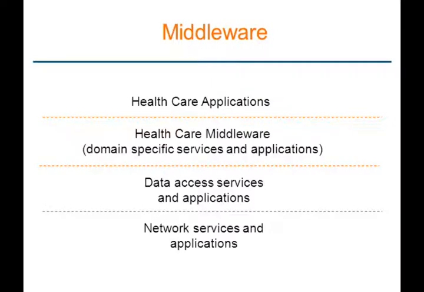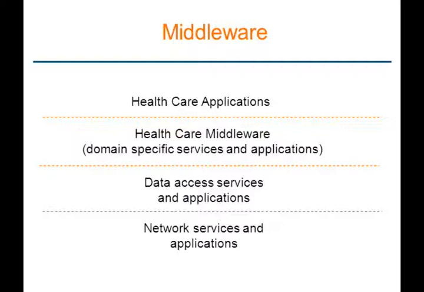So when we look at the middleware components in our layered structure of all applications and all services in a large healthcare infrastructure environment, the lower part is where the network services are, that's our 7-layer cake, except that its application layer is what the top 3 layers in this slide represent.